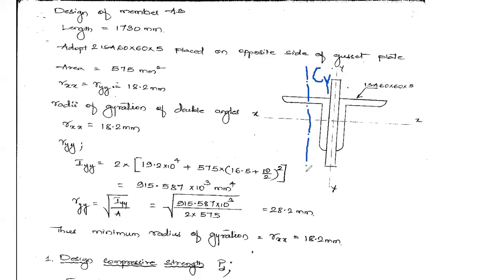Now, this distance is my YC over here. From here till here, this is our YC, that is the YC considered here. I hope you remember this relation, IgG plus A into YC square. This is the parallel axis theorem.